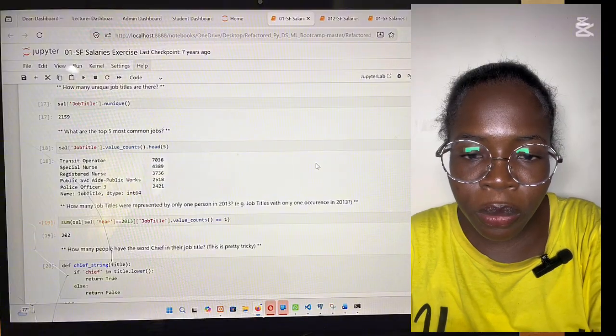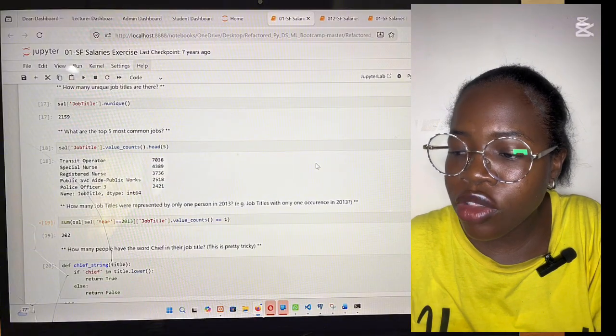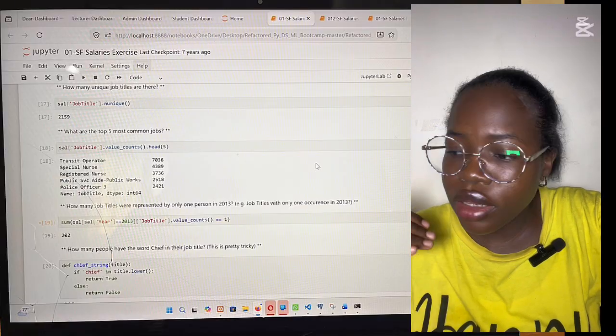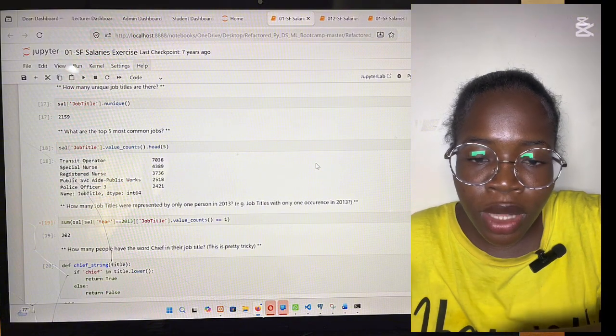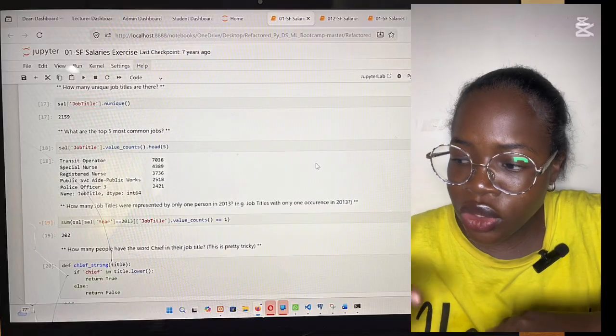Many job titles were represented by only one person in the year 2013. The command that we see there is the sal year 2013. It checks all rows bearing 2013, then you see job title there. It now checks the job title column of all those rows bearing 2013. Then it moves forward to the dot value count.